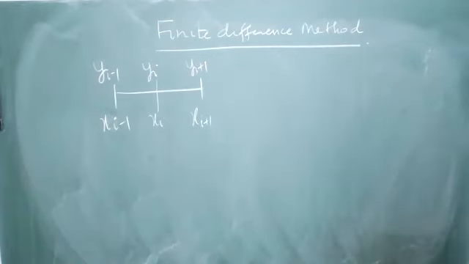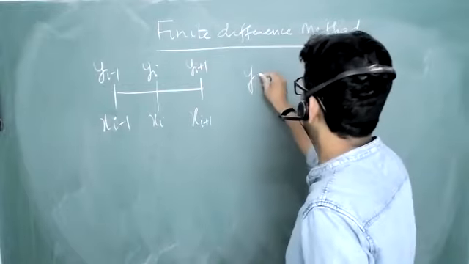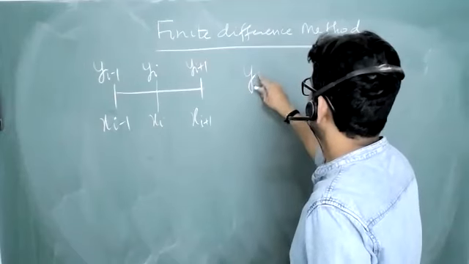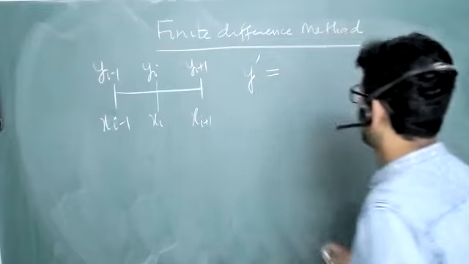Okay. So now in the background of finite difference method, there is Taylor's method, but I will not go into the derivations. I will just write for you what are the values of this second order derivative and first order derivative. So if I write y dash, what is the value?